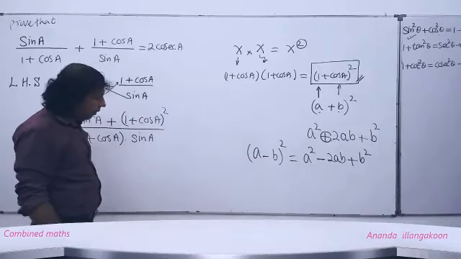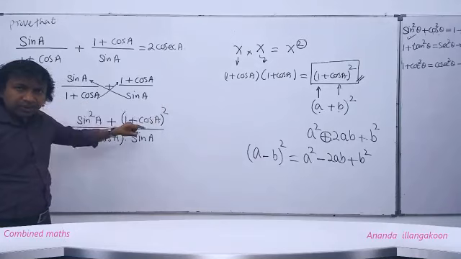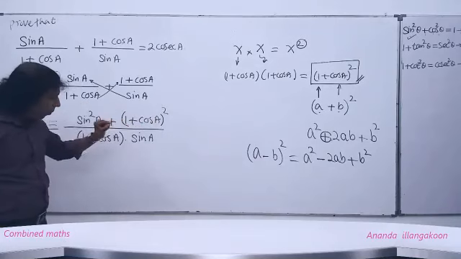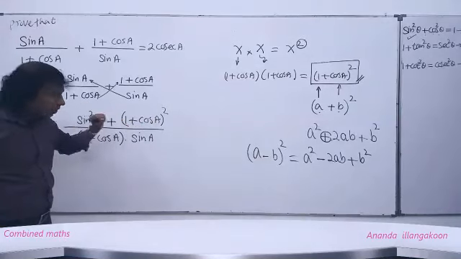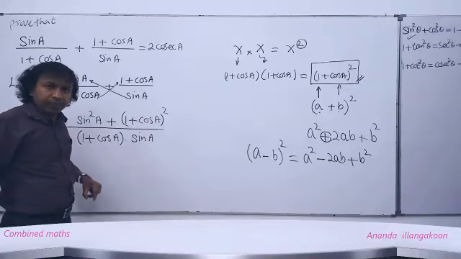Okay. Now using that, you can expand this: 1 squared plus 2 multiplied by 1 multiplied by cos A plus cos A squared means cos squared A, right? Yeah.